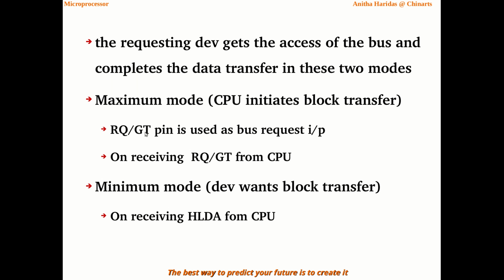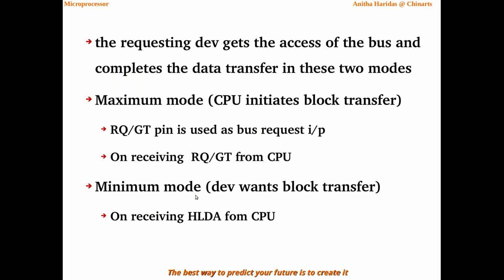In the maximum mode, what you have to understand is that the CPU will be initiating the block transfer. When it is initiating the block transfer, it will send the signal using the request or grant pin. When this request is received, the data transfer will be initiated.